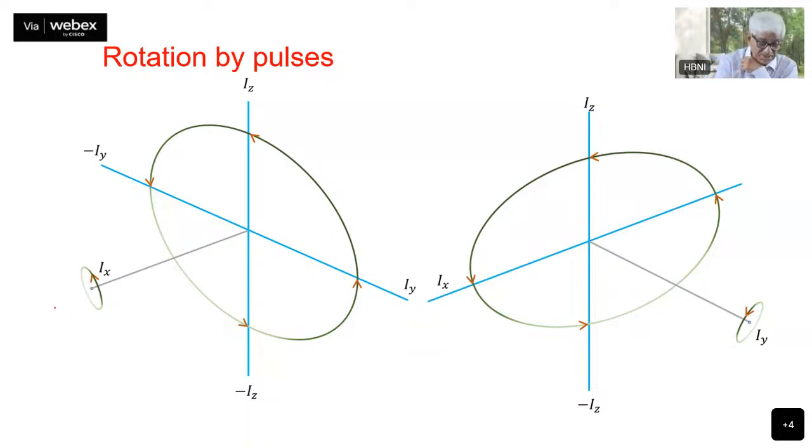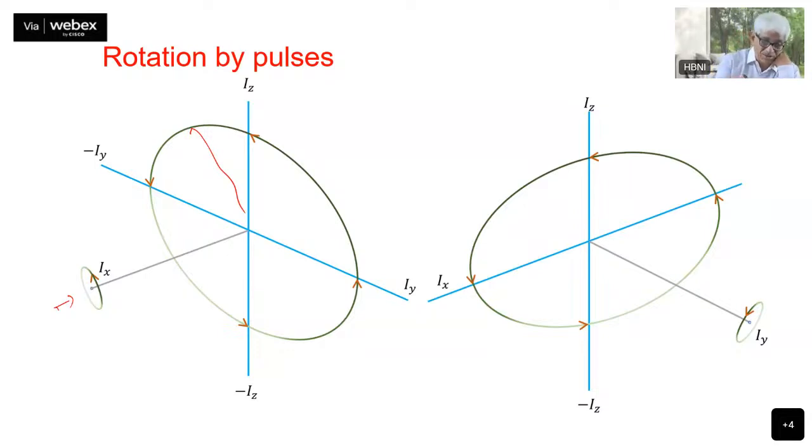The x rotation transforms z into minus y partly, of course, if the rotation is 90 degrees. If the rotation is not 90 degrees, you will have a component here and a component there. Okay, cosine beta, sine beta. So therefore you will have these components.